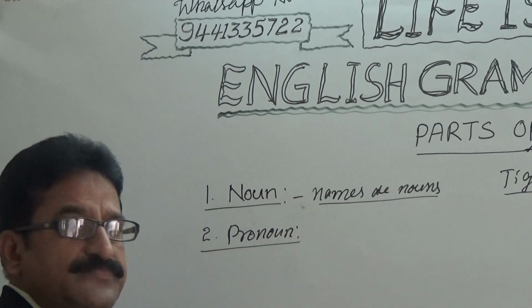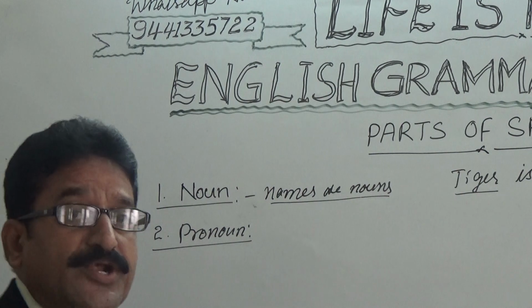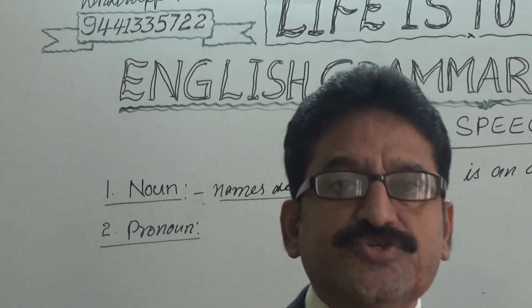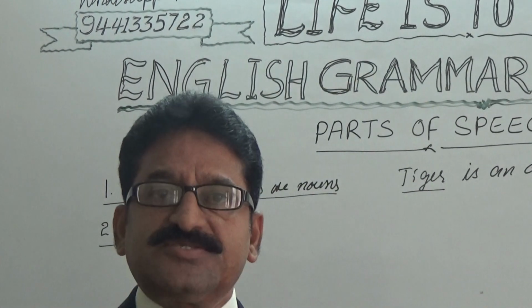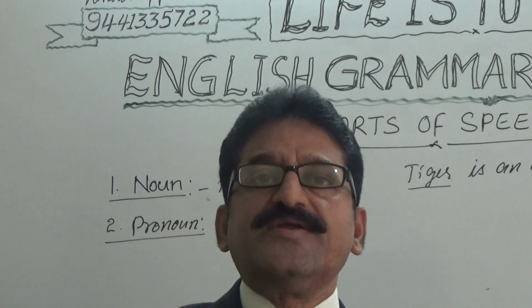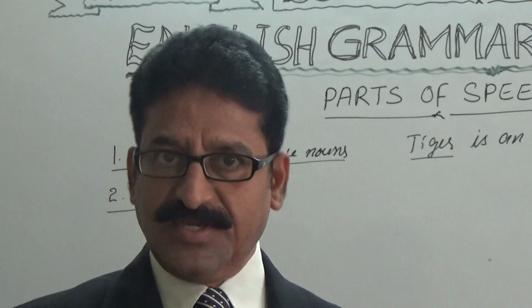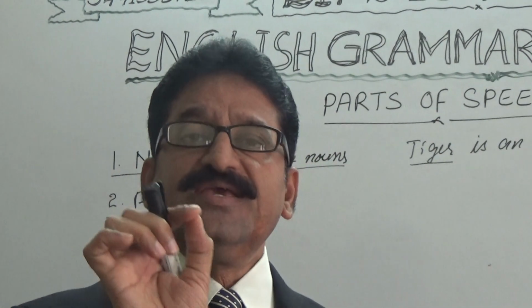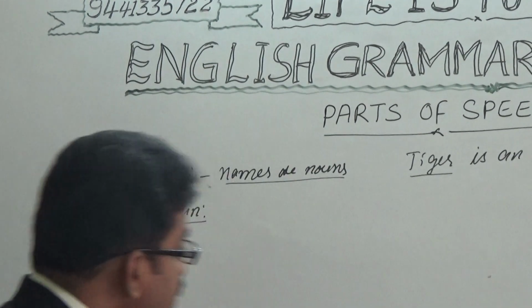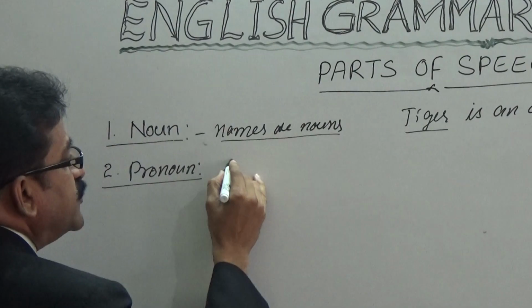Pronoun. See, pronoun is a word which is used in the place of or instead of a noun to avoid the repetition of a noun again and again in a sentence. That is the definition. But in simple terms, I call it a substitute word.